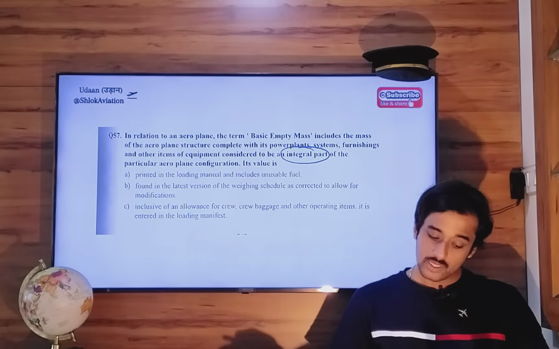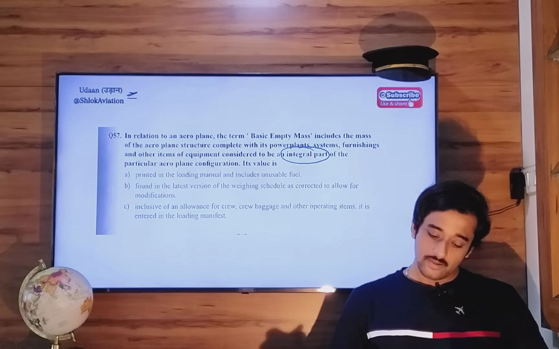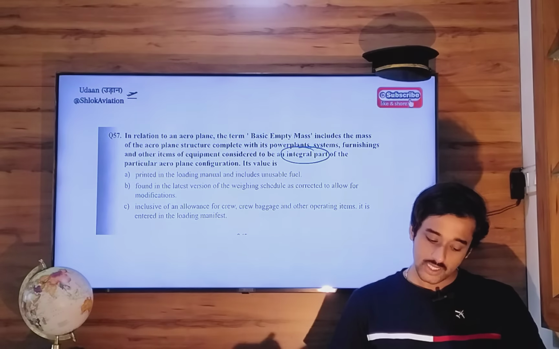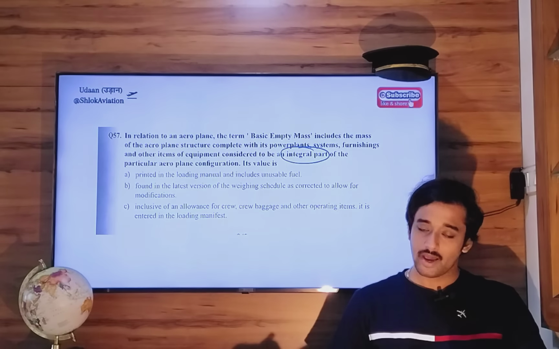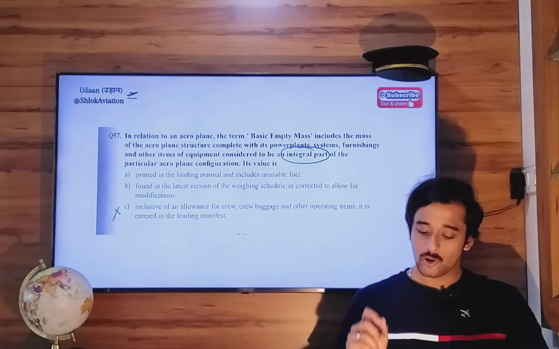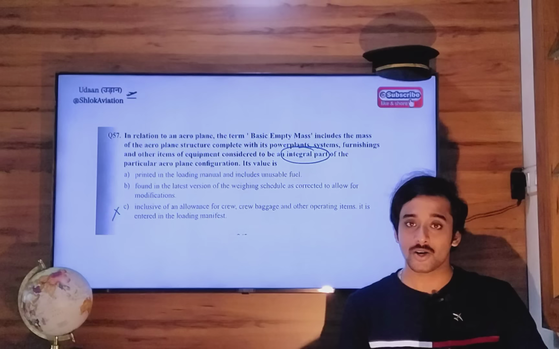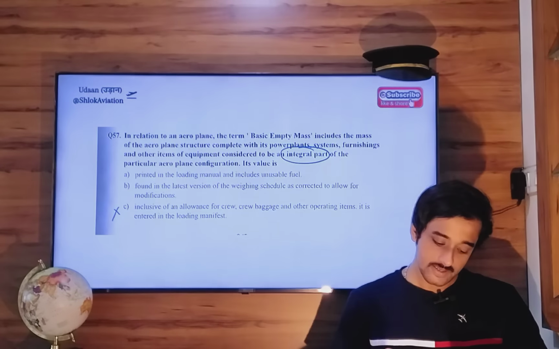Its value is found in the latest version of the weighing schedule as corrected to allow for modifications, is inclusive of allowance for crew baggage, other operating items. It is entered in the loading manifest. So first things first, option Charlie will be wrong because crew baggage, other operating equipment are not a part of basic empty mass. They are a part of dry operating mass, right?